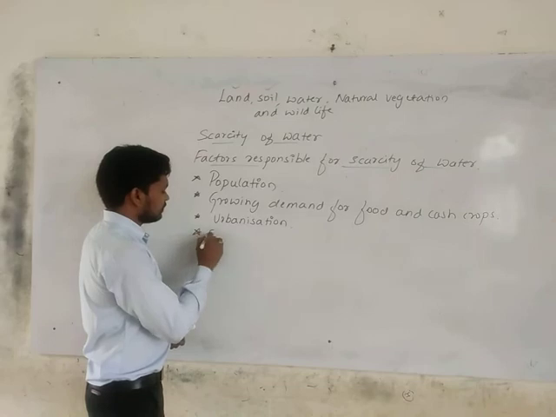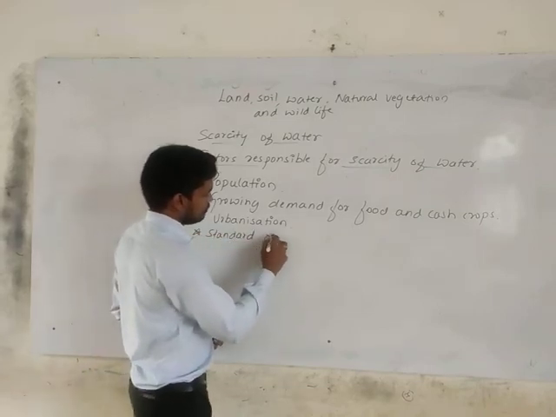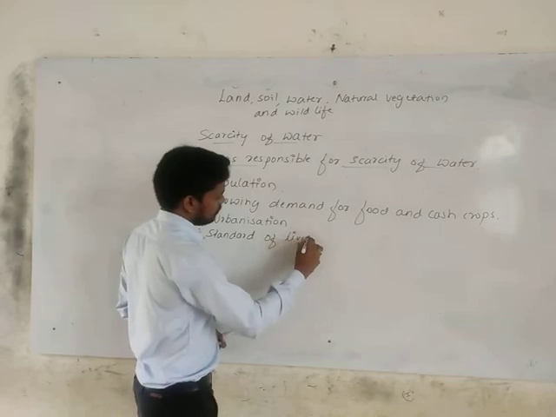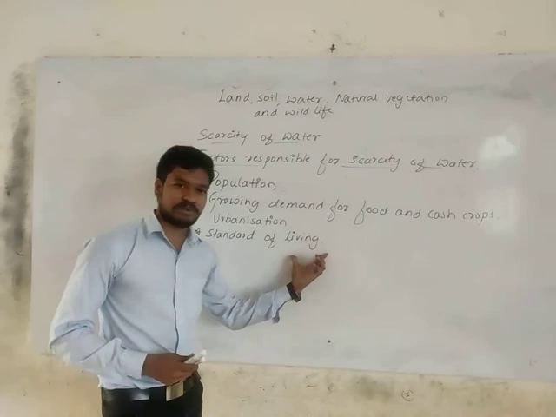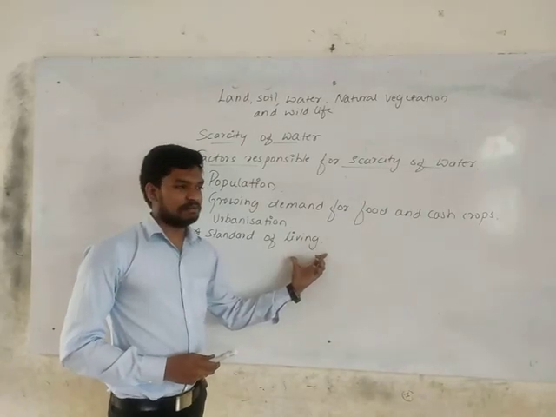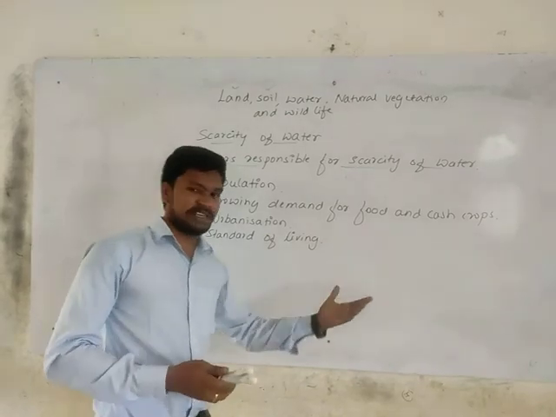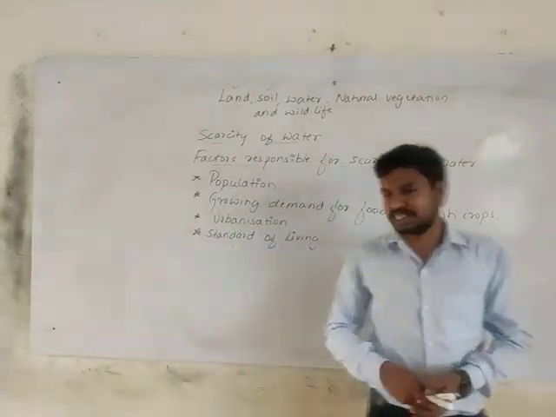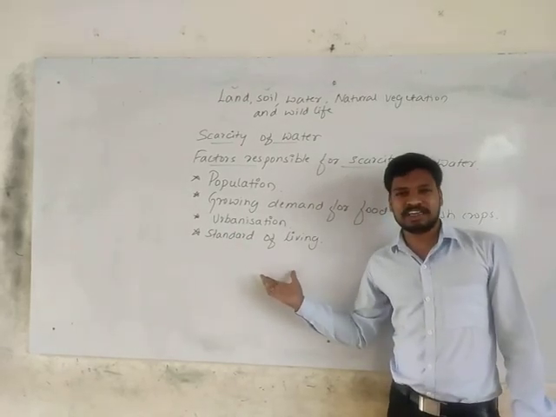Then, standard of living. According to civilization, in a modern civilization people prefer cleanliness. Even if they don't have cleanness in their heart, they prefer cleanness in their body, because modernity is like that.